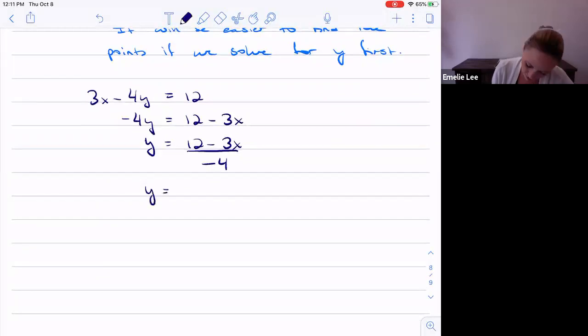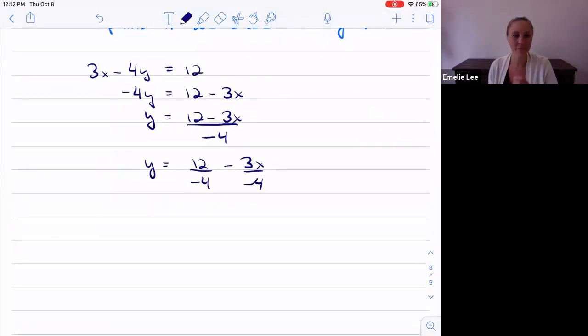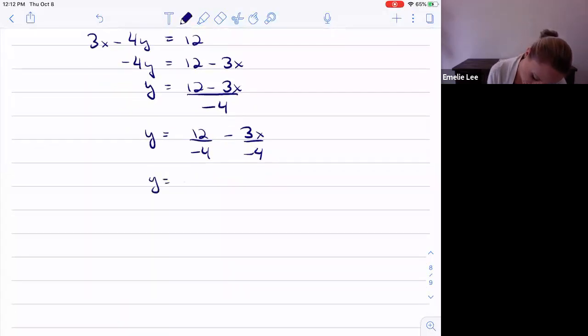Careful with that -4 because 12 divided by -4 is -3. Or I guess I could show it for a little bit longer. 12 over -4 minus 3x over -4. This negative and negative become positive, so we get y equals -3 plus 3 over 4x.